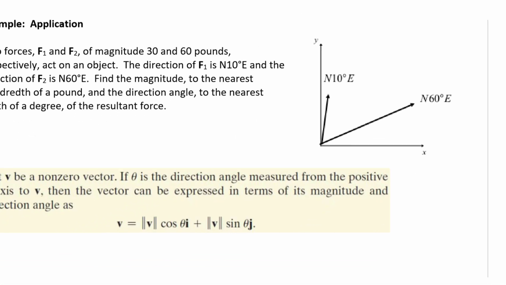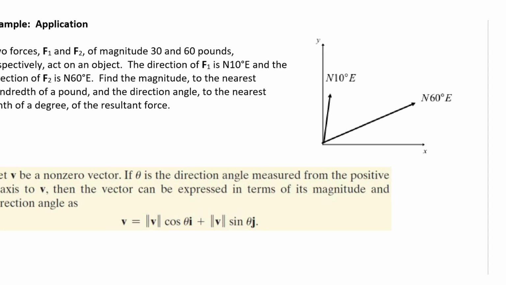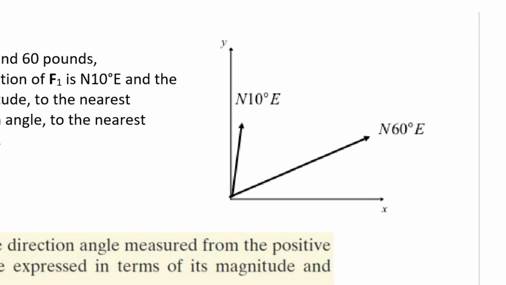In this example, we have two forces, F1 and F2, of magnitudes 30 pounds and 60 pounds, respectively, acting on an object. We would like to write these forces as vectors. What we know about them is their direction and their magnitude. The direction of F1 is north 10 degrees east, and the direction of F2 is north 60 degrees east.